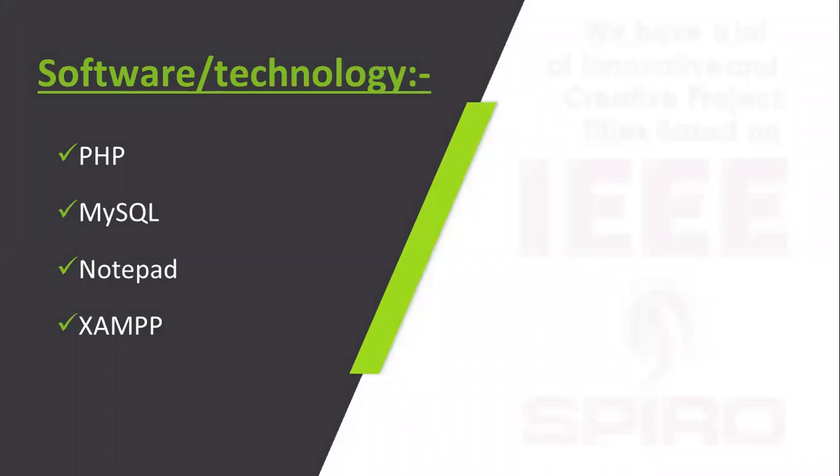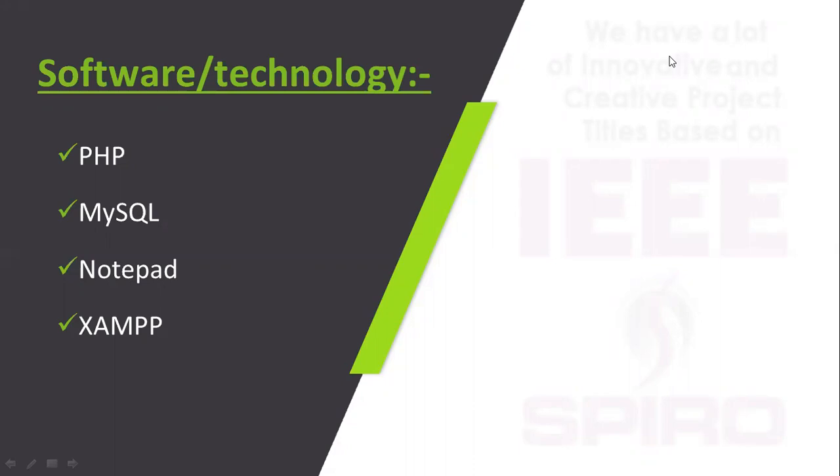In the backend, we use PHP, MySQL, Notepad, and XAMPP. PHP is for server-side handling, and MySQL is for handling the database. With MySQL, you can put in a query and take the data from the database.